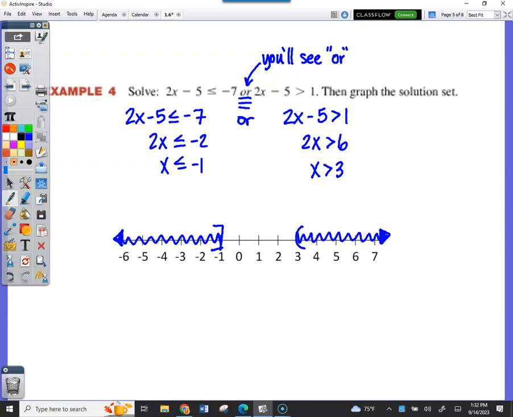How many shaded sections do you have? So you're going to have 2 intervals then. And you're going to read them from left to right. So I've got negative infinity up to negative 1. Do you remember what to put in the middle? Union. We practiced that in the review chapter.